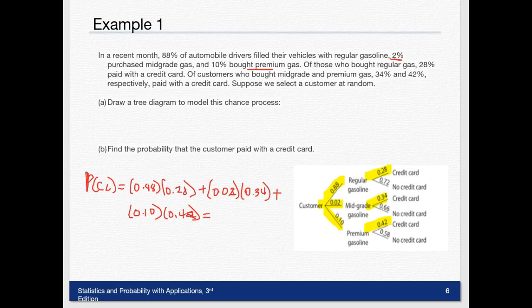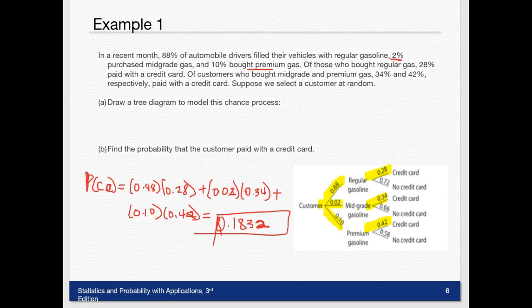I'm going to put those in my calculator and see what I get. And I get 0.1832. Sorry, my pen is not good. All right, so notice you had to think through all three possibilities here for credit card alone.